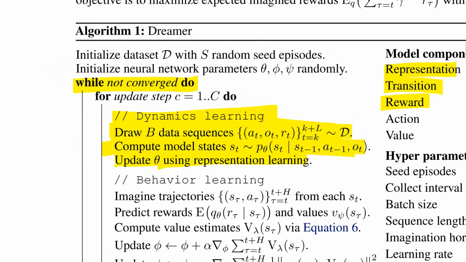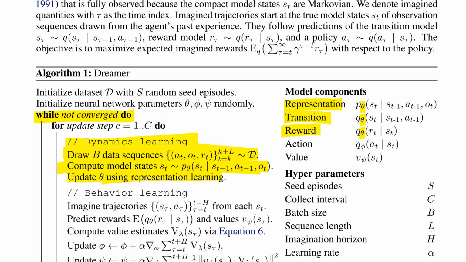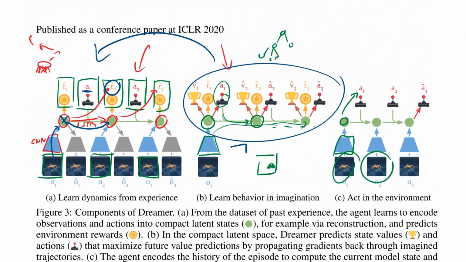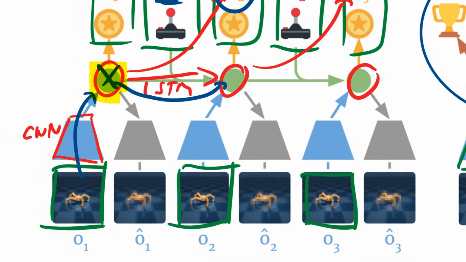Now, they don't really specify what representation learning is, but they do give examples of what you can do. I think their point is whatever you need to do in order to learn this representation. And one example is actually drawn here. One example is you can learn a model that reconstructs the next state.